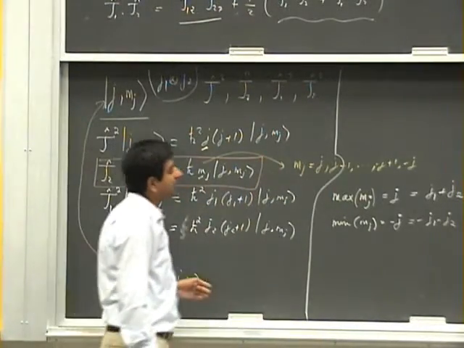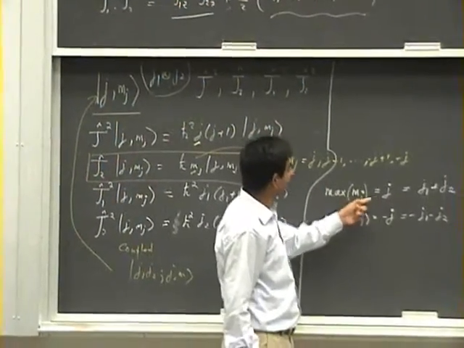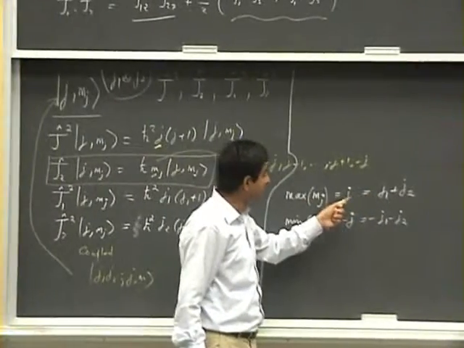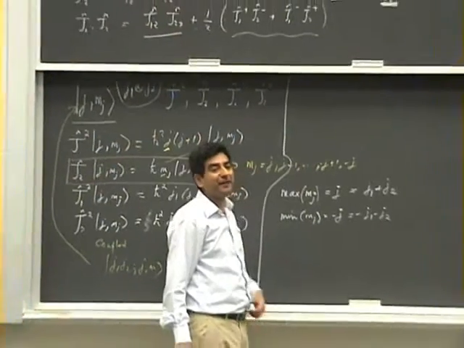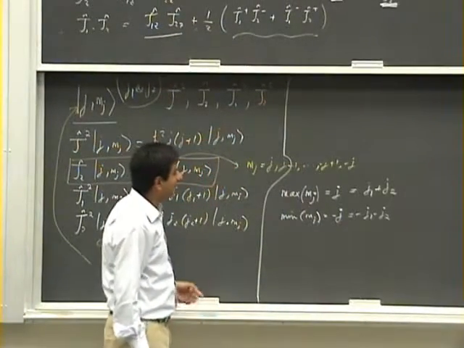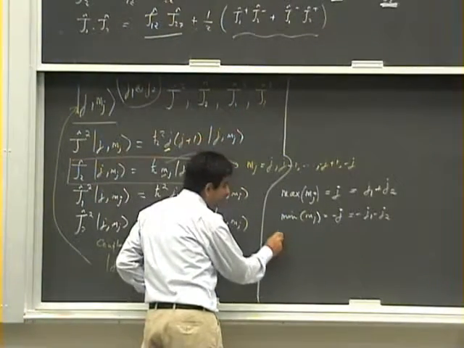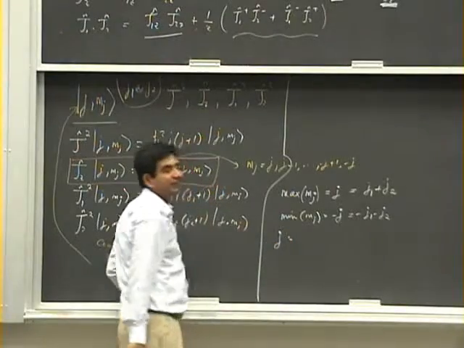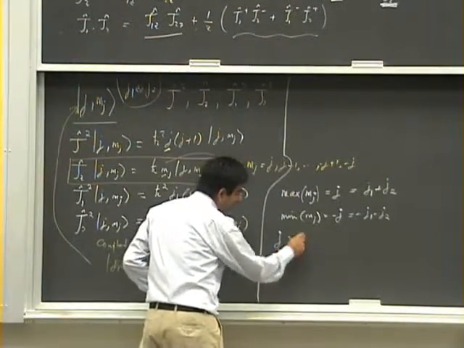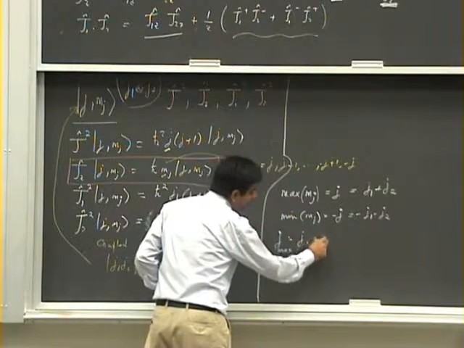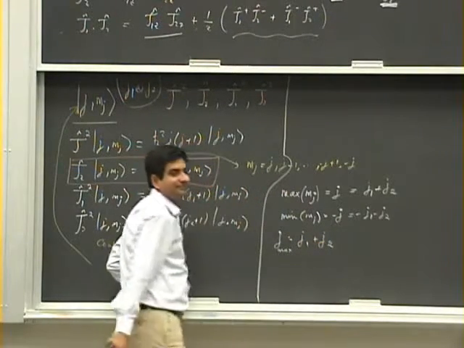So if the maximum value of mj is j1 plus j2, then j max is j1 plus j2.